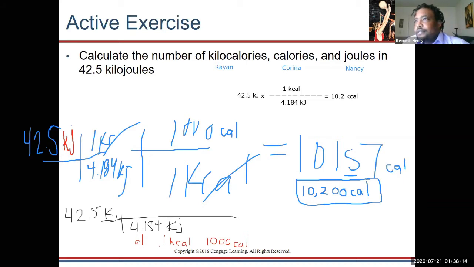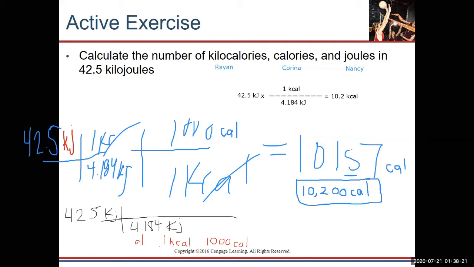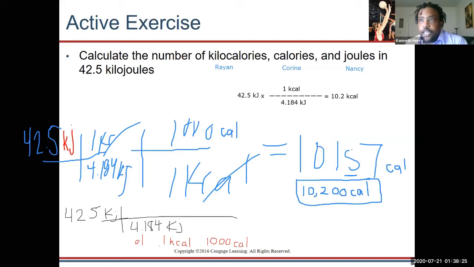Mil? 1,000? 1,000, right? So 1,000 millijoules equal 1 joule. 1,000 joules equals 1 kilojoule. Those are just your prefixes that you got to remember, stuff that we did in the beginning. Remember I told you it's coming back with the vengeance.